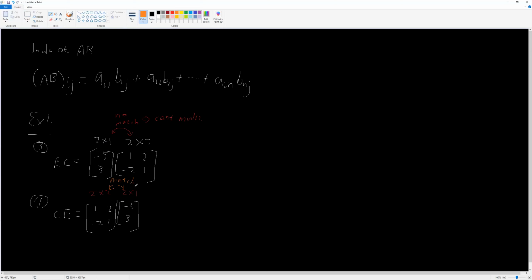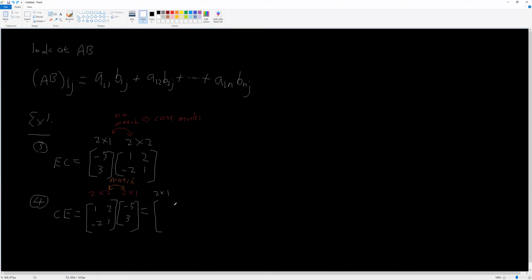And the outer two numbers tell us the size of the resulting matrix, the size of the product of these two matrices, which is going to be a 2 by 1. That means it's a column matrix with 2 entries. Now our goal is to figure out what goes into these entries.